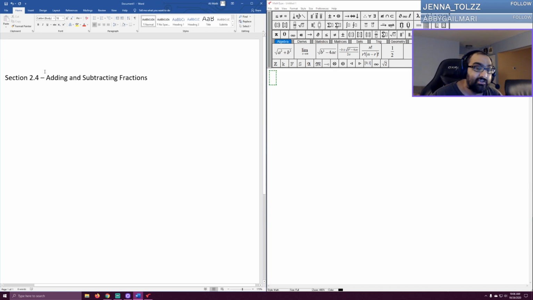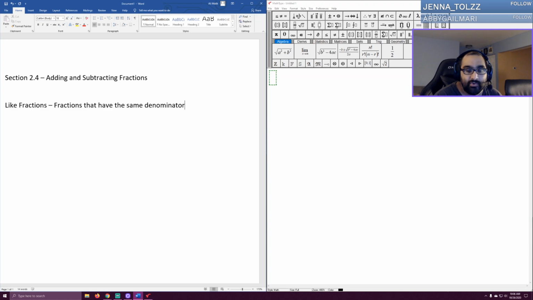There are two types of fractions that we want to look at in this section. We're going to first talk about like fractions. Now, what are like fractions? Like fractions are fractions that have the same denominator.